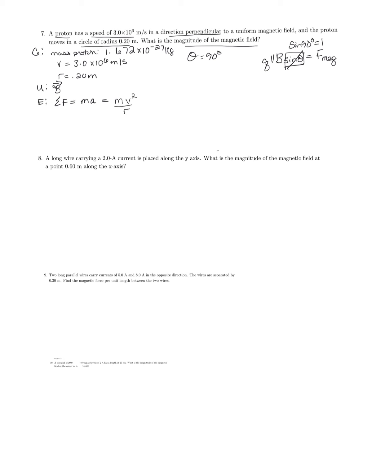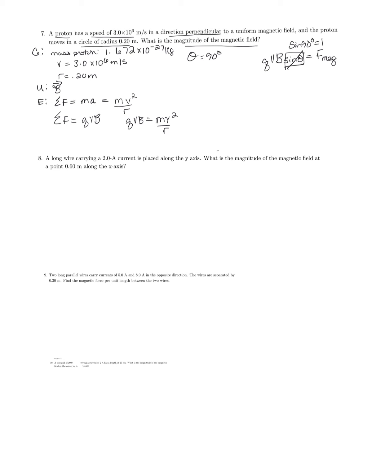We also know that we're talking about the sum of the magnetic force, which we just said was QVB sine of theta, but it's sine of 90, so that equals 1 and we can leave that out. Since these both equal the sum of the forces, we can make them equal to each other. So QVB equals mv squared over r.